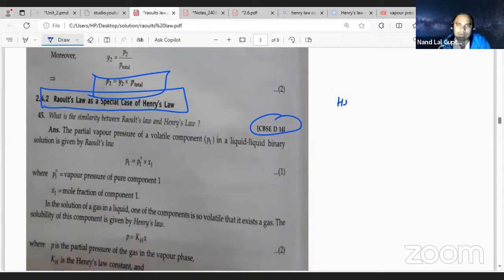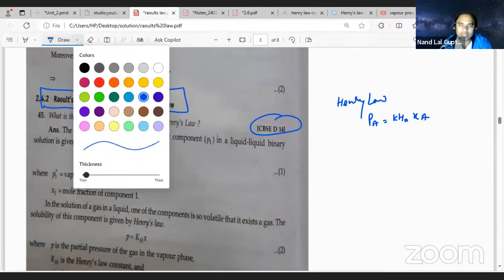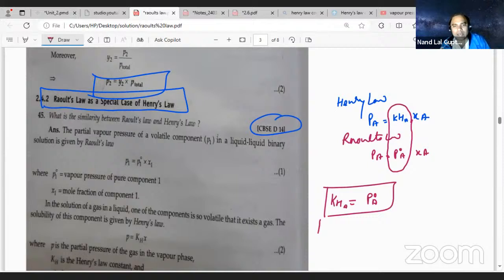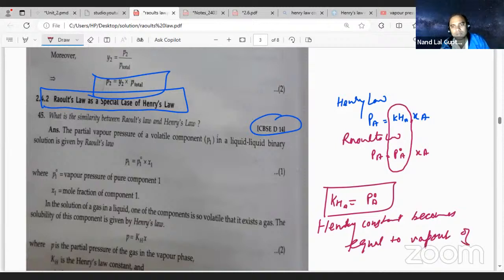So see, Henry's law: P A is equal to K H times X A. Now, if you are going for Raoult's law, Raoult's law is P A is equal to P naught A times X A. So the only difference is that K H becomes equal to P naught A. That is, in Henry's law, the Henry constant becomes equal to the vapor pressure of the component in pure state.